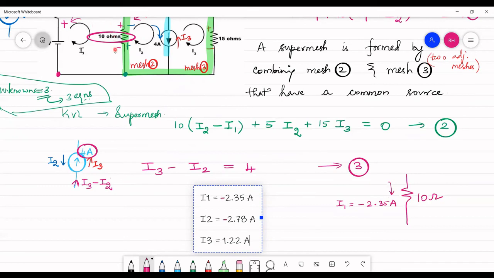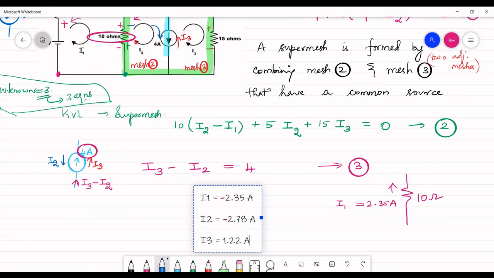If you take the current direction in the opposite way than what is given, then you need not put this minus. So I just change the direction.